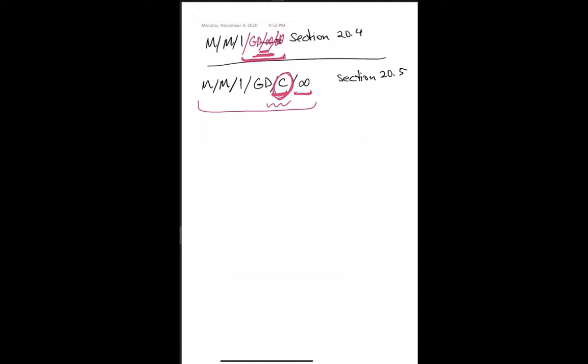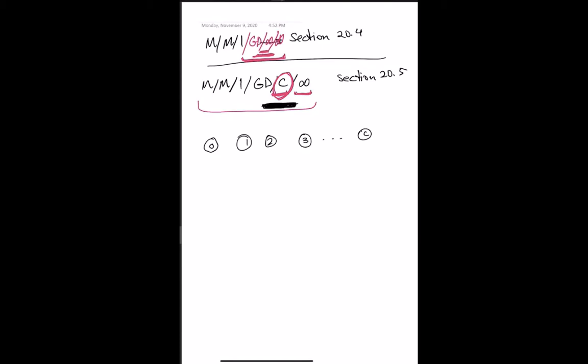It would be 0, 1, 2, all the way to C, because C is the size of the system, so we cannot have more than C entities in the system.